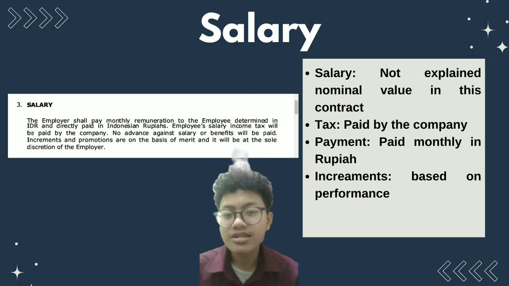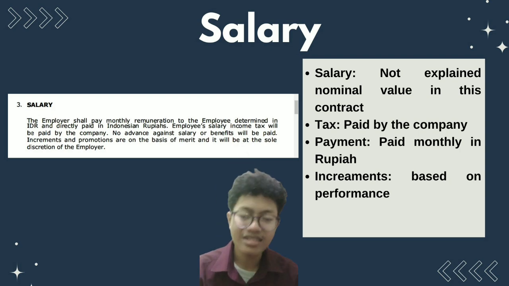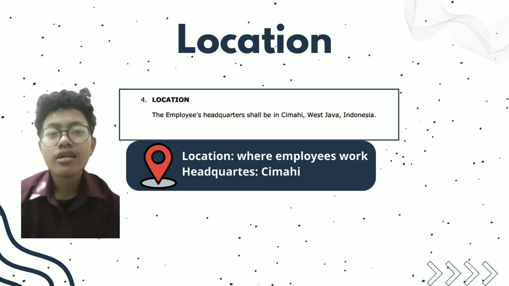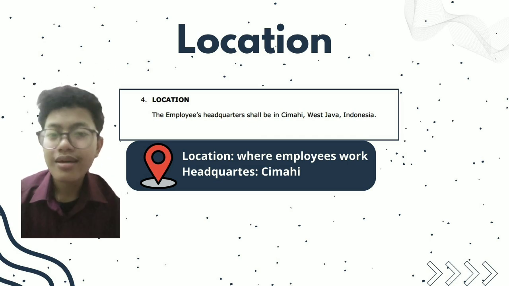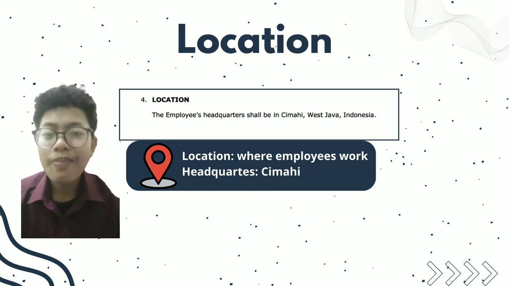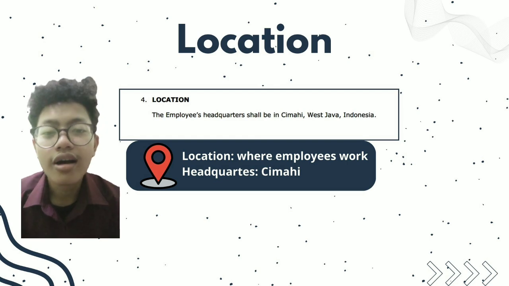However, this contract doesn't specify the exact salary amount. Okay, next, the fourth point explains the location where the employee works. In this contract, the employee is based in Cimahi, West Java.